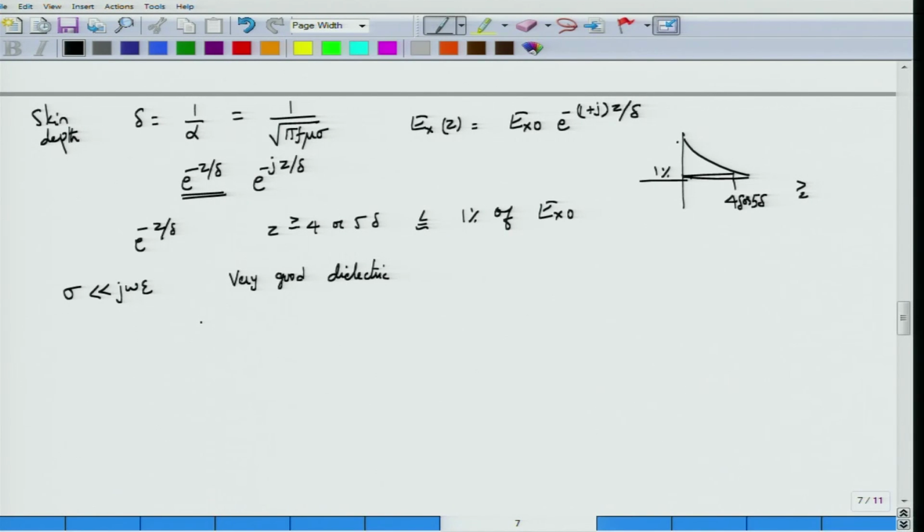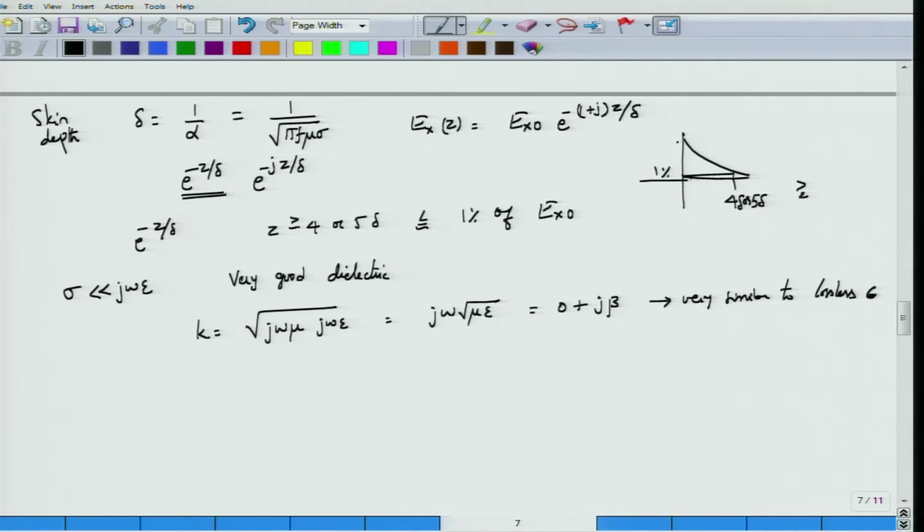So what will happen to k? k will be square root of j omega mu times j omega epsilon, which will give you j omega square root mu epsilon, right. This would be equal to no attenuation and full phase constant. This is exactly similar to that of the lossless case.